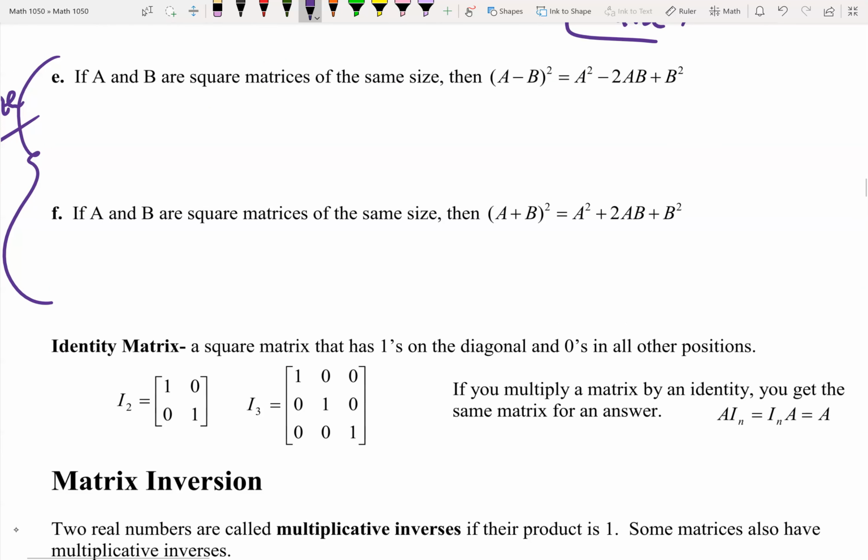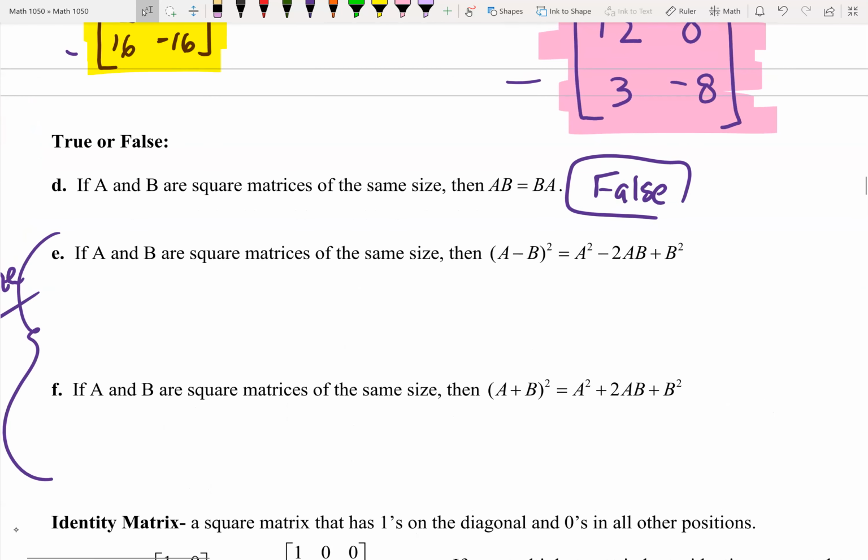Okay, everybody listen carefully. But if they're the same size, like 2 by 2 and 2 by 2, then that still wouldn't work. It doesn't. The reason it says square matrices is because Weber State wanted to rule out you saying false because maybe it won't work. If they said 3 by 3 and didn't say square, you would say it might not work because those middle numbers don't match.